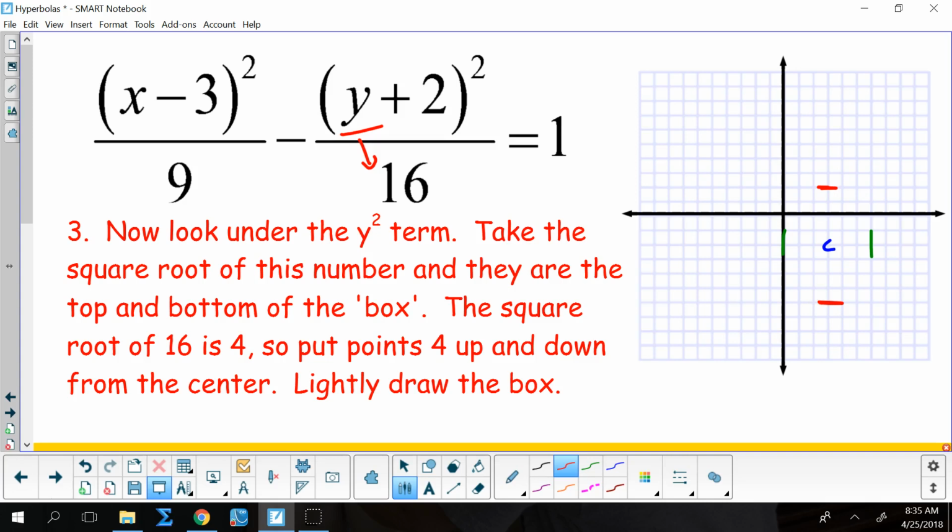Now I can draw in that box, because I've got the top, the bottom, the left, and the right.